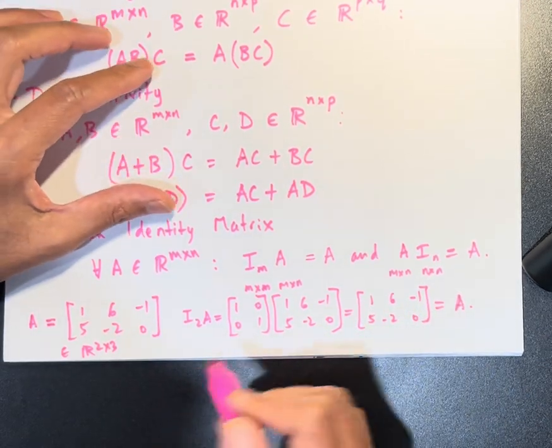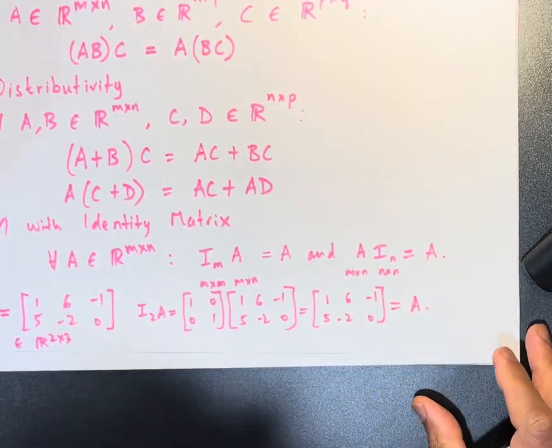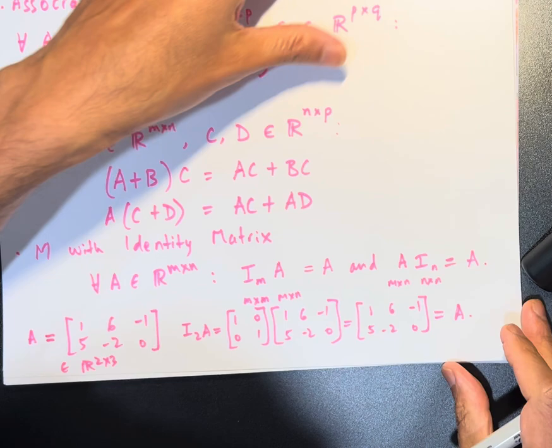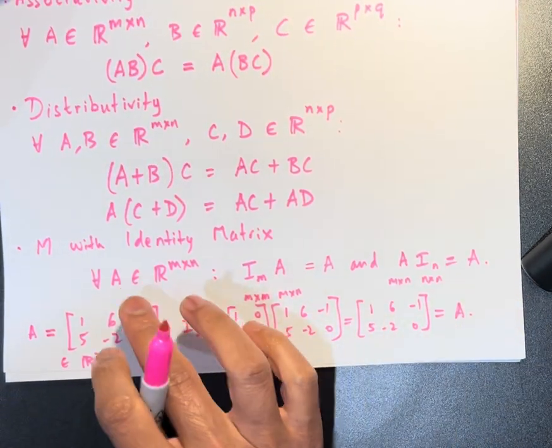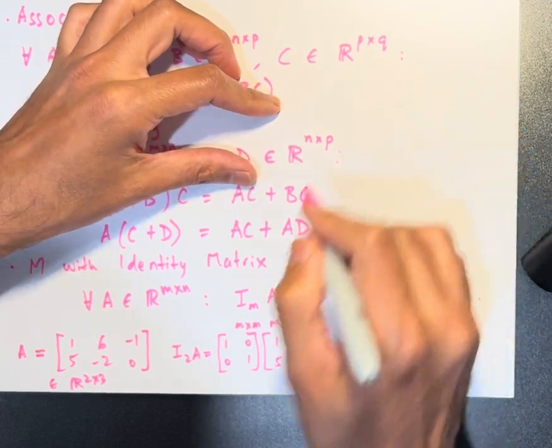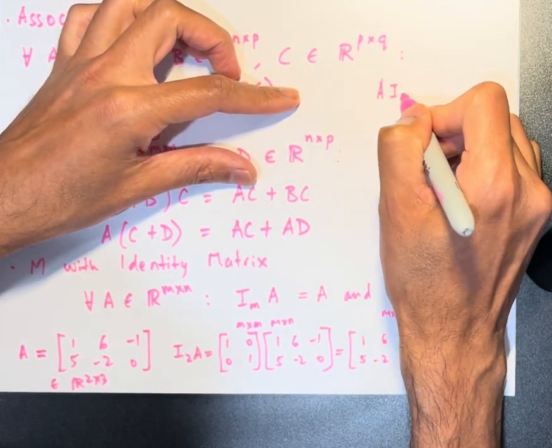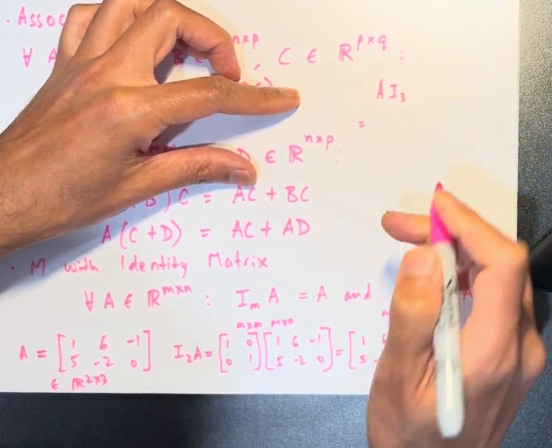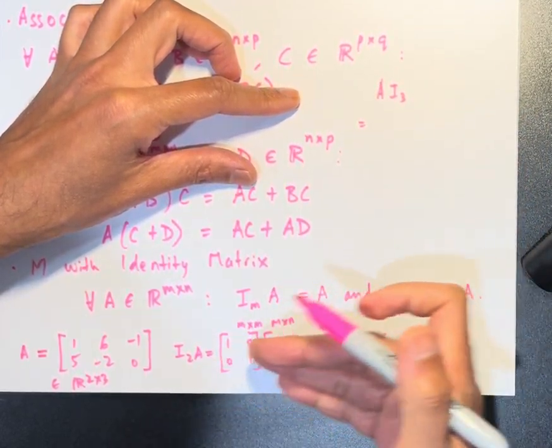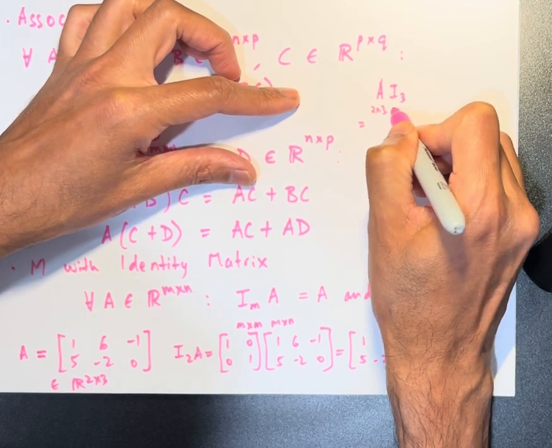But what if I want to multiply this from the right hand side? Unfortunately I ran out of space, so bear with me when I write it here. I'm going to take the same example and write A times I3, because on the right hand side, this is 2 by 3, which means this has to be 3 by 3.